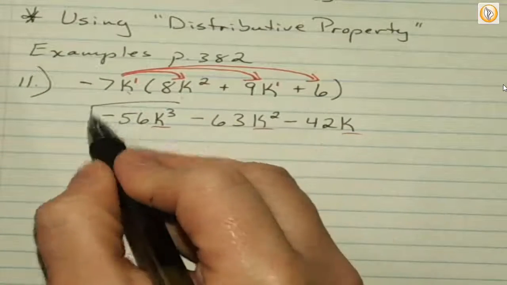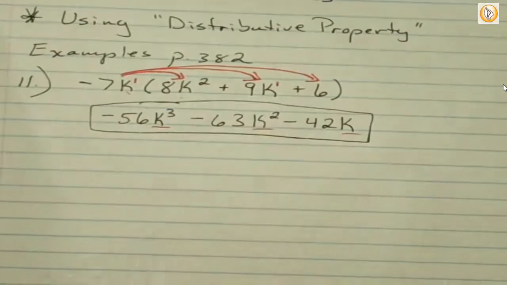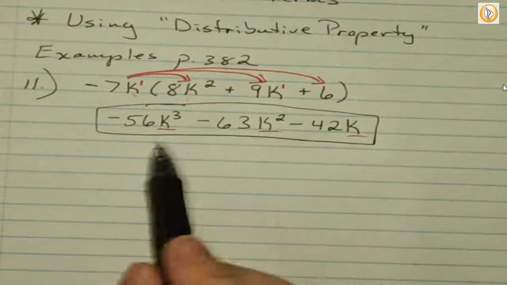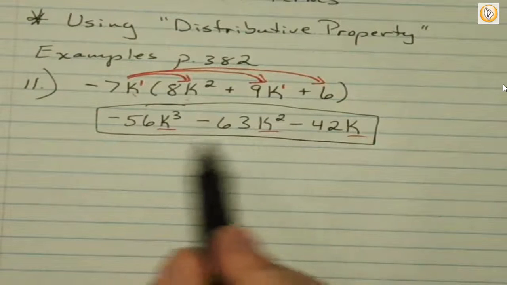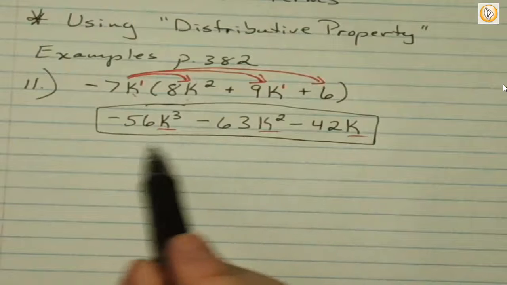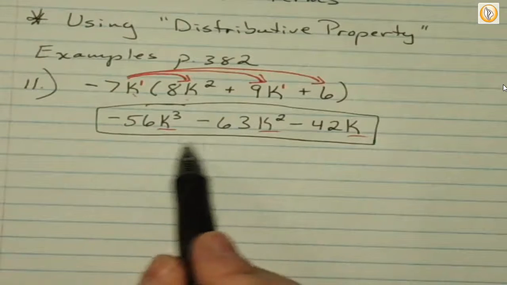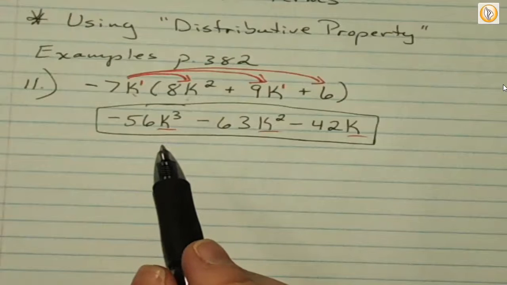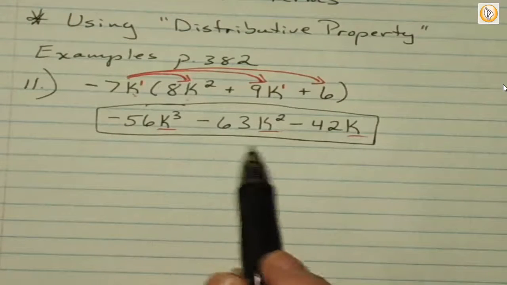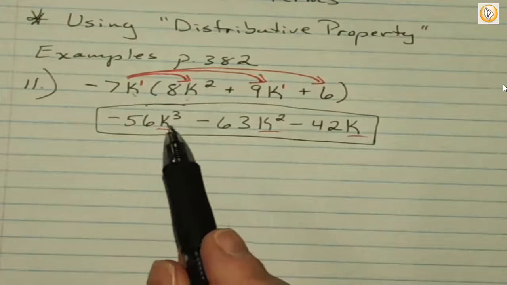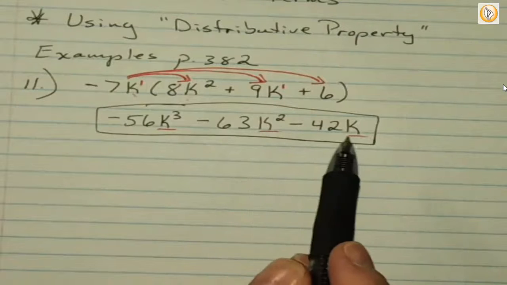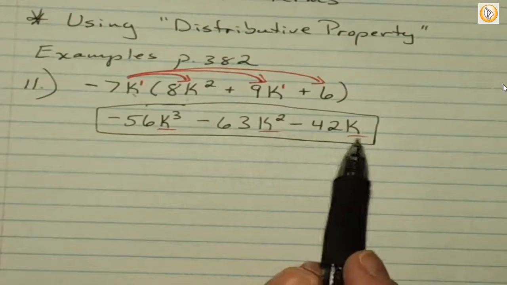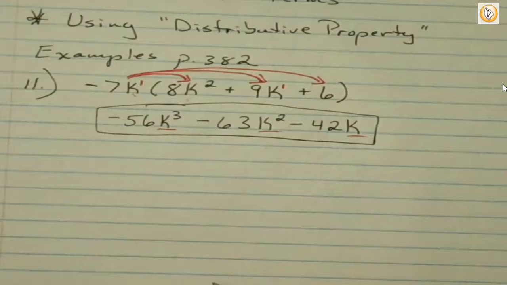Everything's in descending order, so there's your answer. Can we combine these terms anymore? Why not, Emily? Because they're not the same. Good job. Because of these letters and exponents, we can't combine them any further because they're not like terms. Any questions?